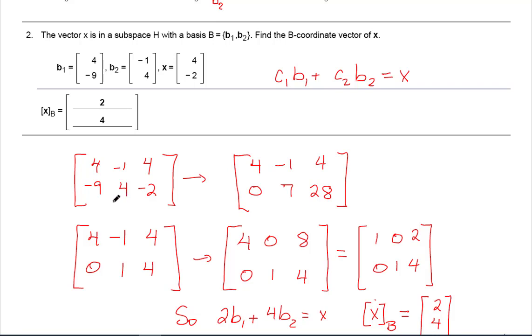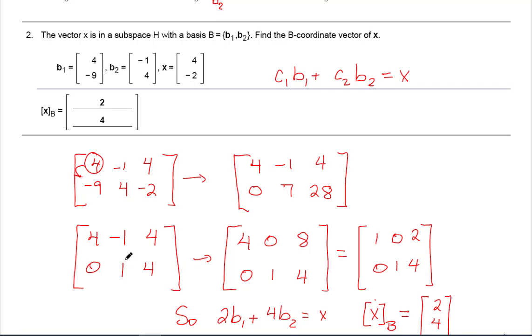All right, so I couldn't get a 1 easily, so I'm just going to use the 4 itself and get rid of the minus 9. So I multiplied the top row by 9. I multiplied the bottom row by 4, added them up. At this point, I've got a 7 and a 28. I can get a 1, so divide through by 7.